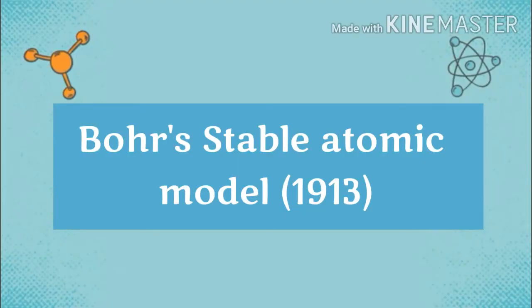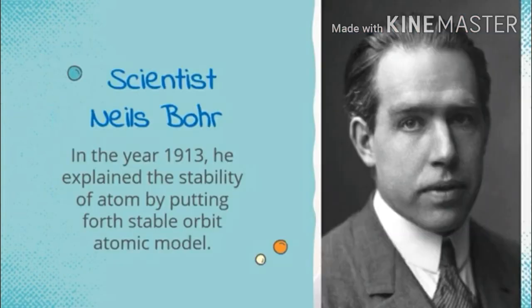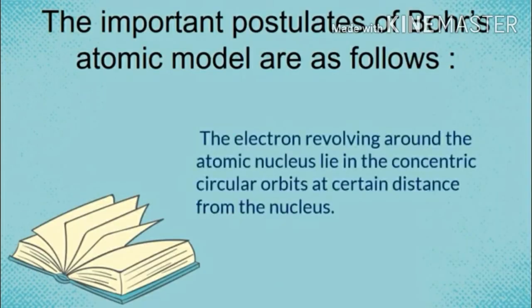Bohr's stable atomic model. In the year 1913, Danish scientist Niels Bohr explained the stability of atom by putting forth the stable orbit atomic model. The important postulates of Bohr's atomic model are as follows.